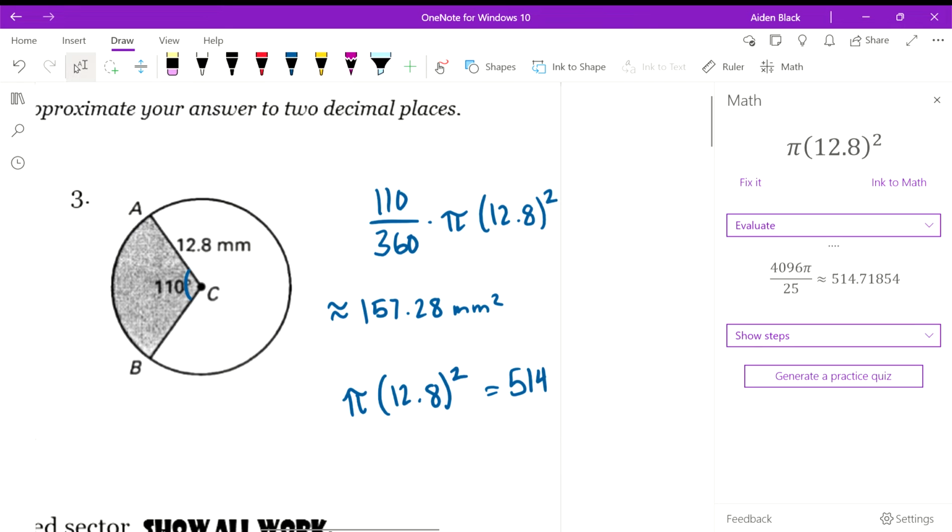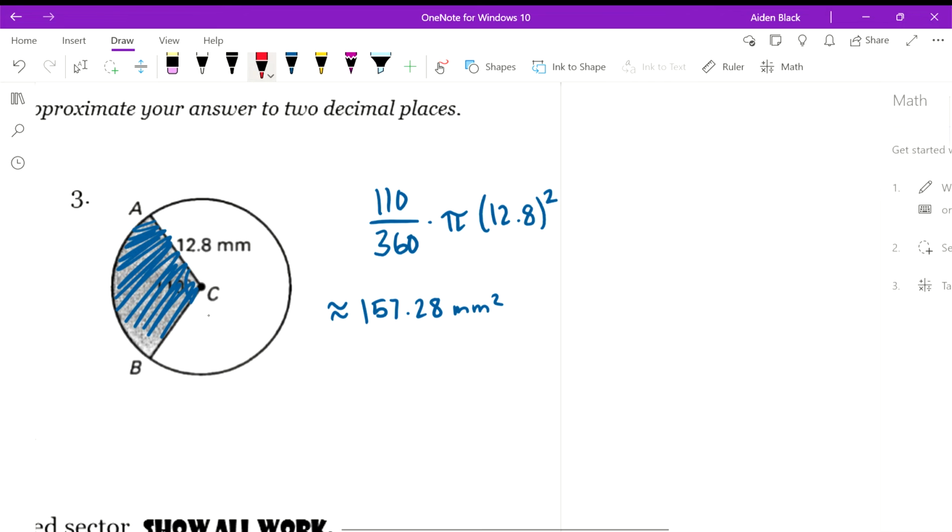So we're saying this area here is 157 millimeters squared. Is it reasonable to think that the entire thing is 5 times that size? A little bit less than 5 times. Yeah, I'd say about. That's a reasonable estimate. Looks like a good answer.